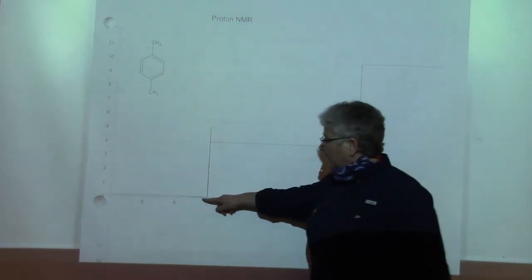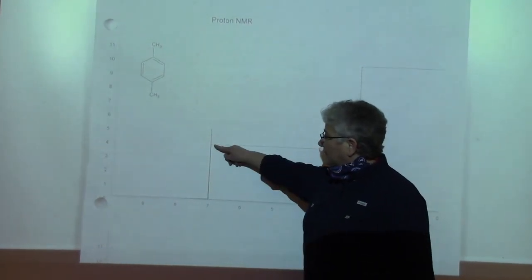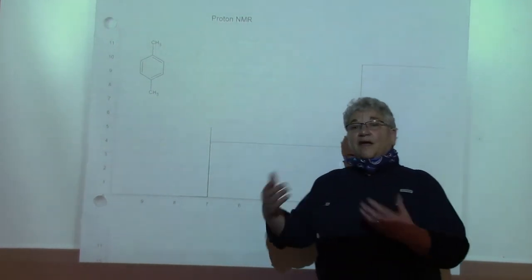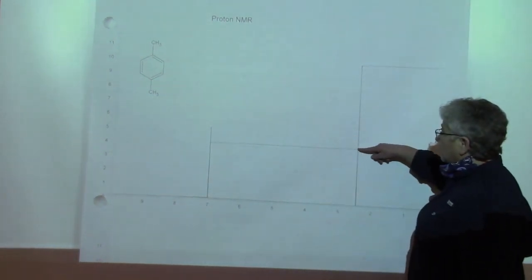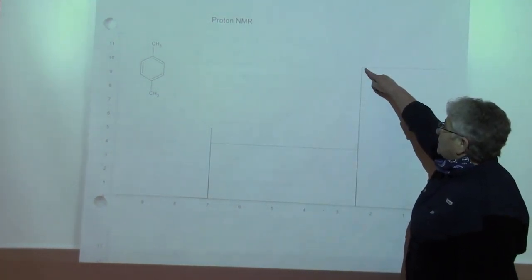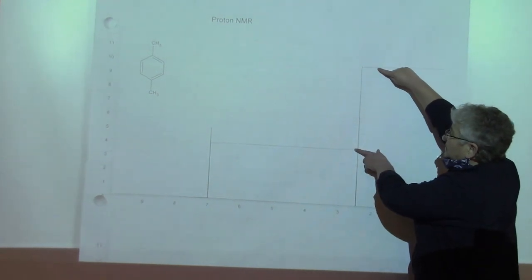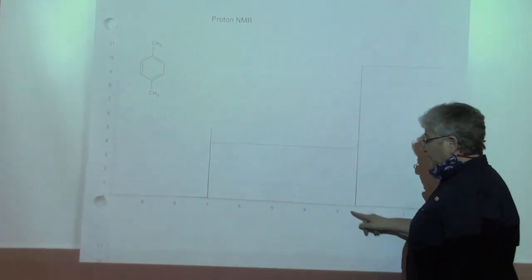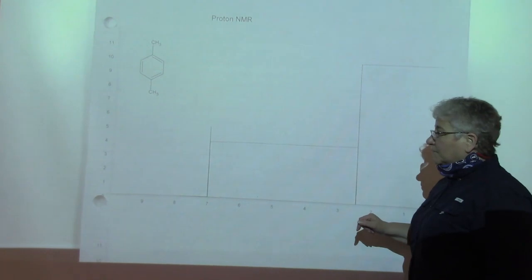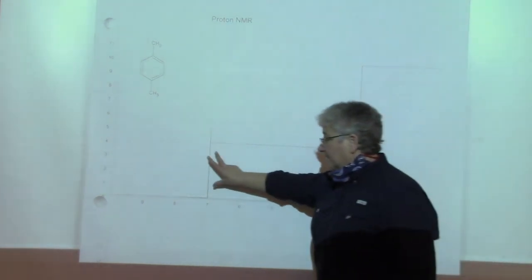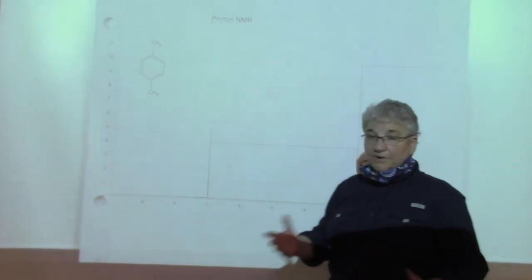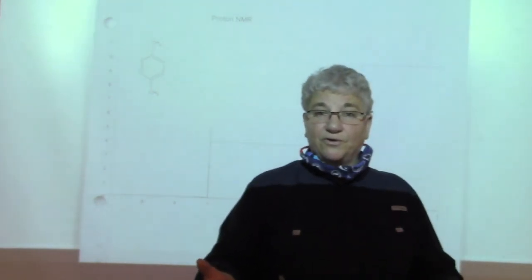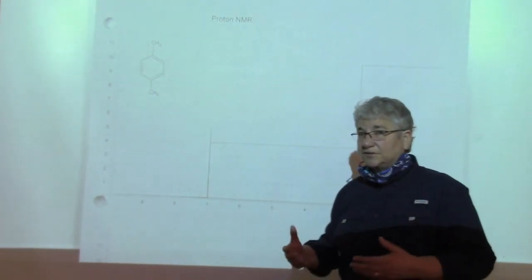So that height from here to here is the area underneath this peak, and then from here to here, right? So that distance is the area underneath this peak. And then the computer just takes that height compared to that height, does a ratio, and spits out a number for you. Okay, so it's just a ratio.